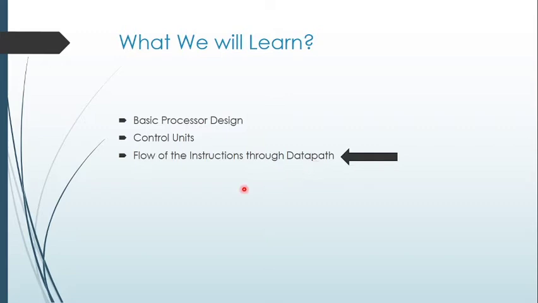We are doing a subset of the whole MIPS instruction set, so we'll see how those instructions are executed inside the data path and how the flow of the instruction takes place.